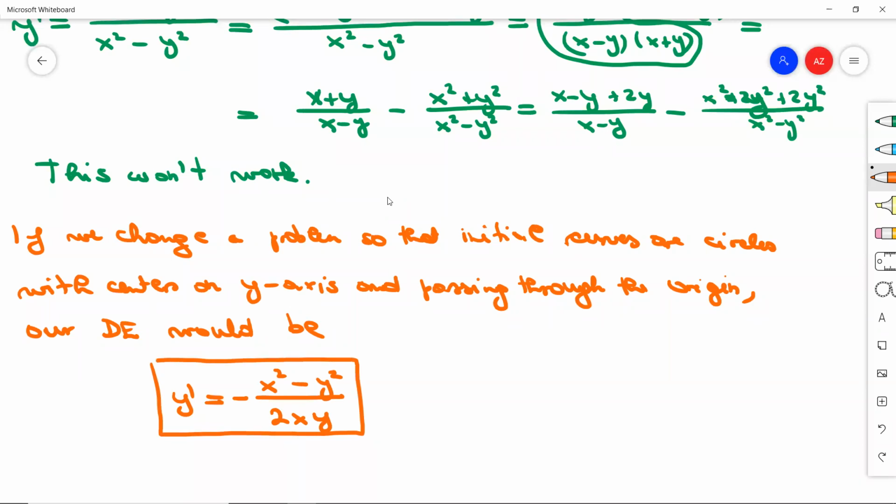Still, this equation doesn't look like a first order linear differential equation, but we will see that it is a homogeneous one, a so-called homogeneous differential equation. So this is minus x over 2y, and then plus y over 2x.